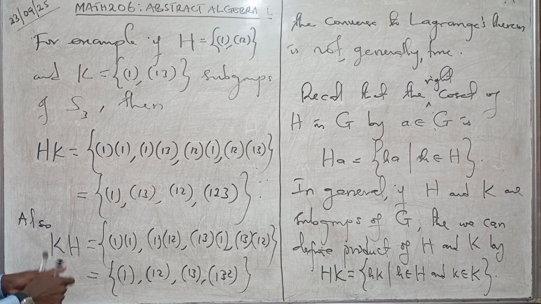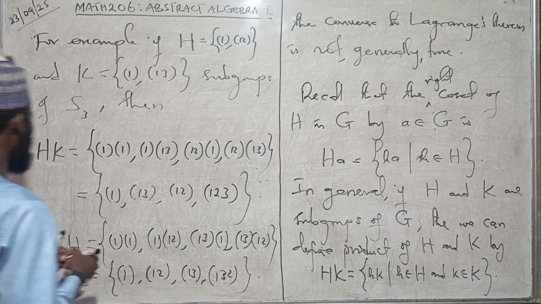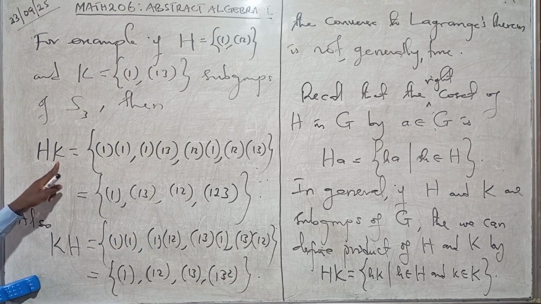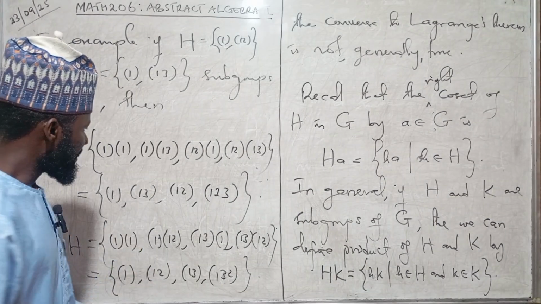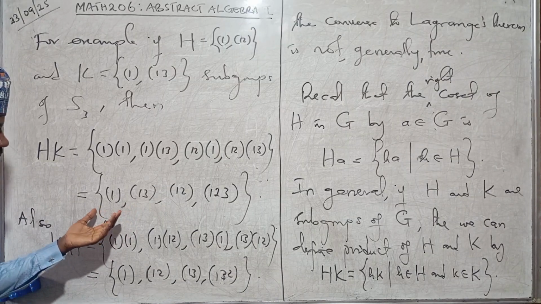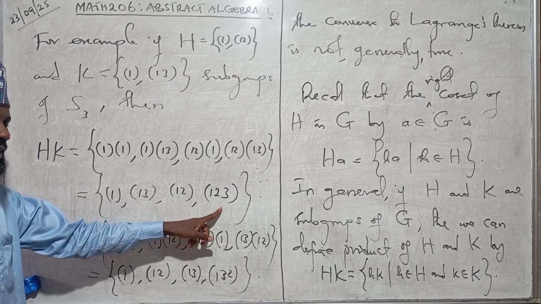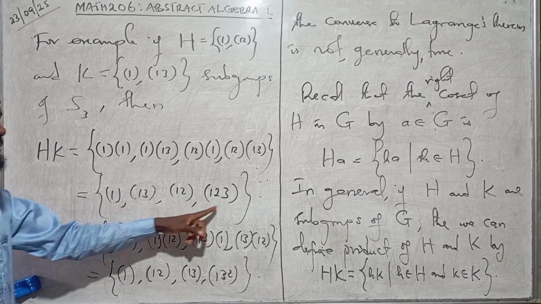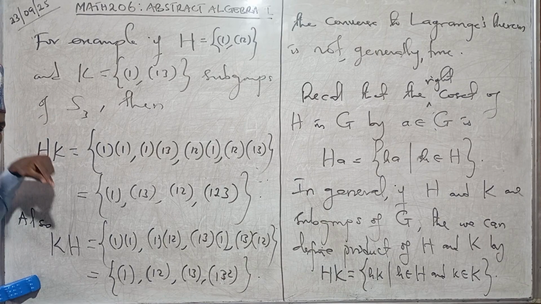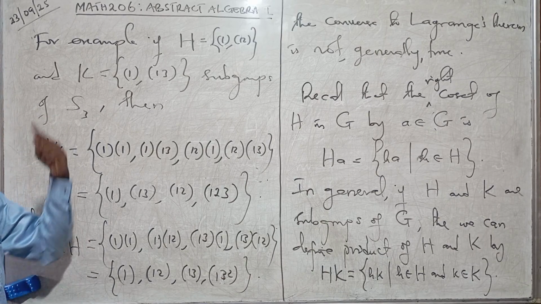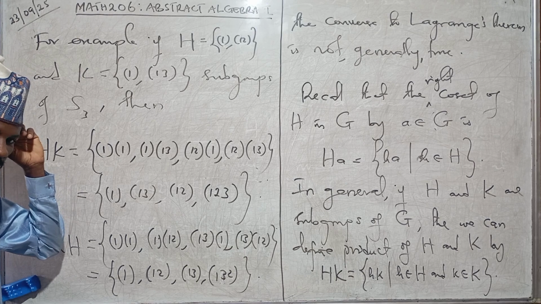But now the question I want to ask is: is HK a subgroup? Having learned Lagrange's theorem, you can conclude that it is not a subgroup. Why? Because if you look at the order here, you have 4 elements, and the main group consists of 6 elements. And Lagrange's theorem says what? That the order of a subgroup must divide the order of the group.